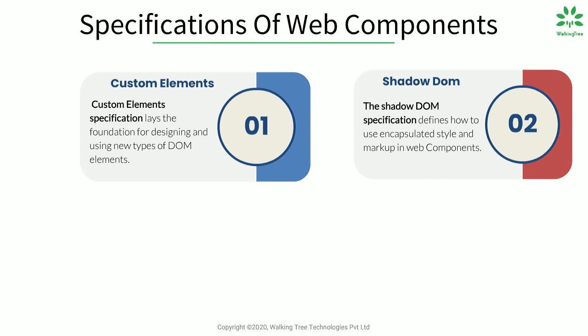The next important specification is the shadow DOM specification, which helps you to encapsulate the style and markup, meaning the HTML fragments that you're going to define for your new web component, as well as the styles. Definitely for HTML, we need a style to show it in a proper way. And multiple web components would be sharing the same document.